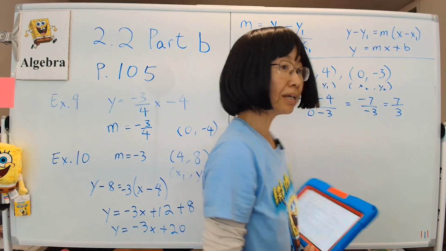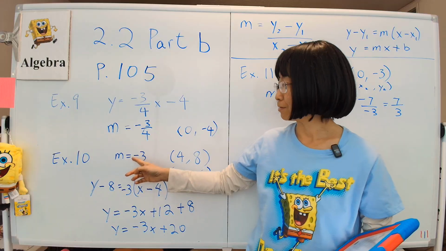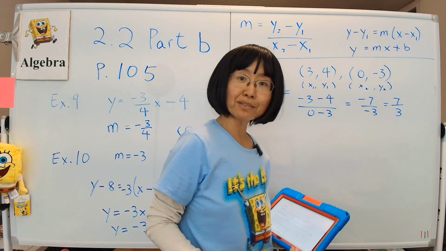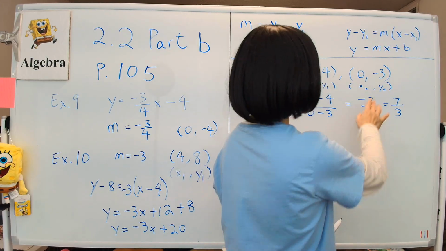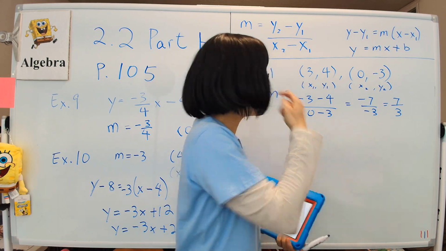So we have calculated the slope that was given to us in the previous case. Now we have the slope and 2 points, so we'll pick any point. We will pick the one that has 0 because 0 probably makes things easier.